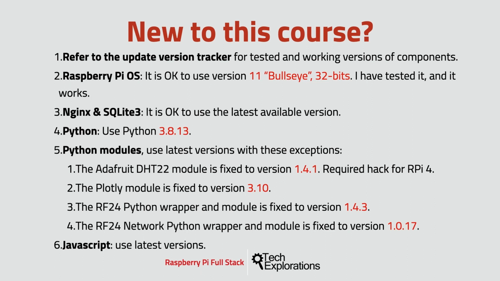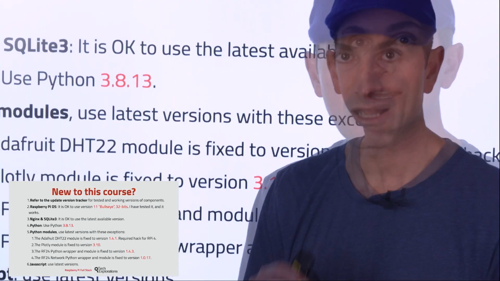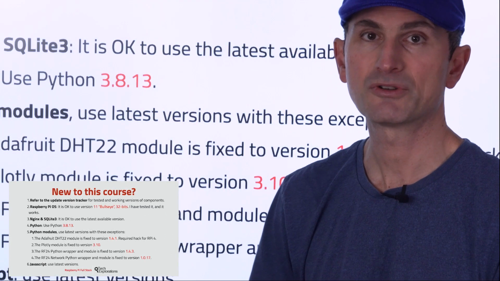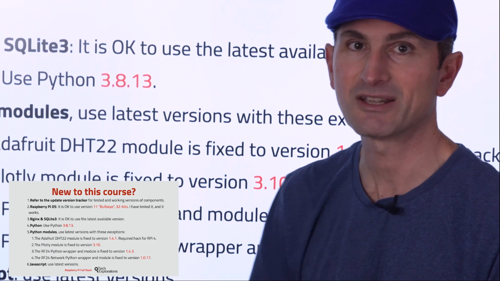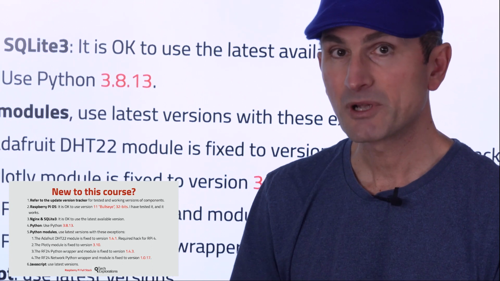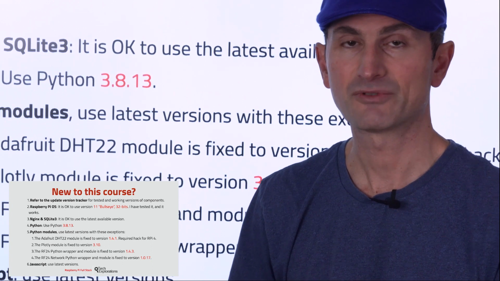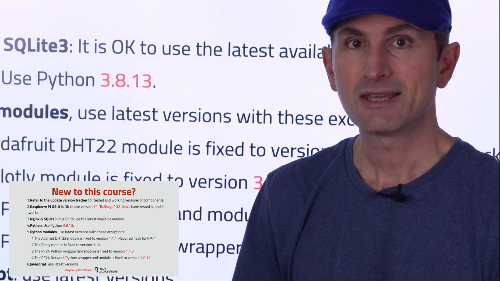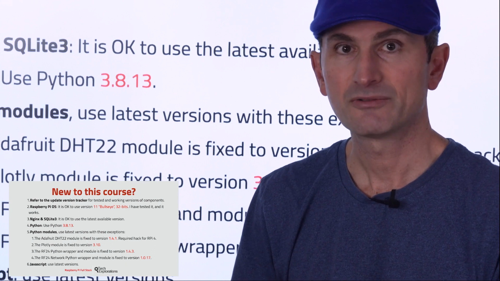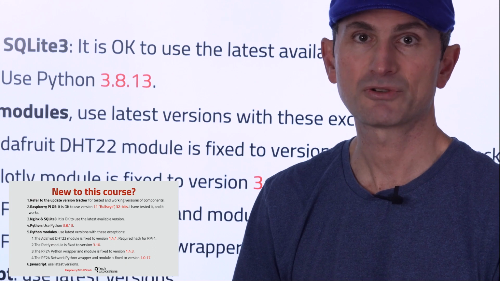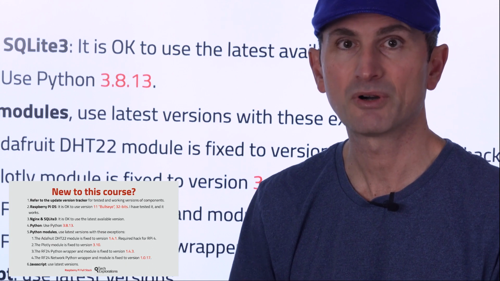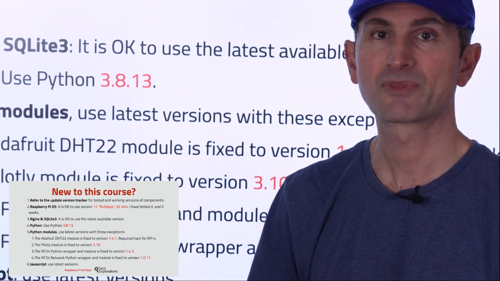The RF24 Python wrapper and module is fixed to version 1.4.3, and finally the RF24 network Python wrapper and module is fixed to version 1.0.17. For the JavaScript components, it's okay to go for the latest versions. In the update version tracker, you'll find command examples that show you how to restrict components to a specific version.